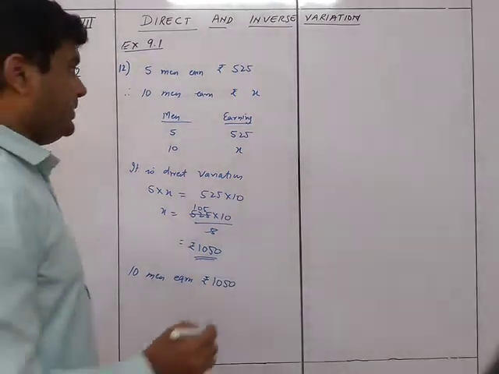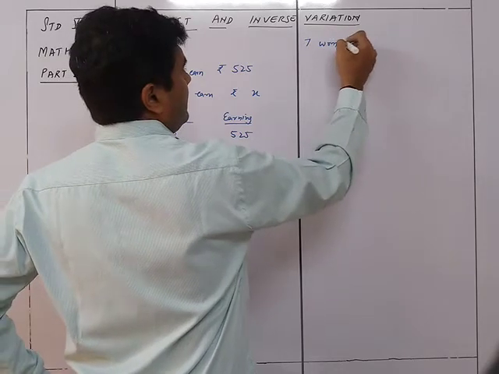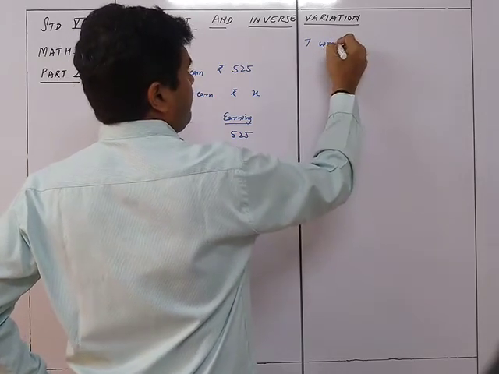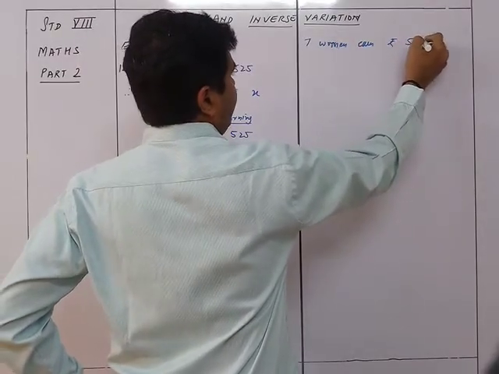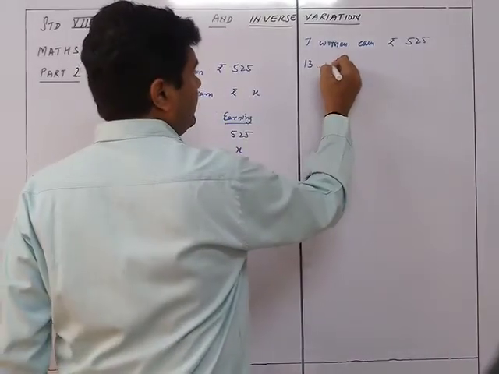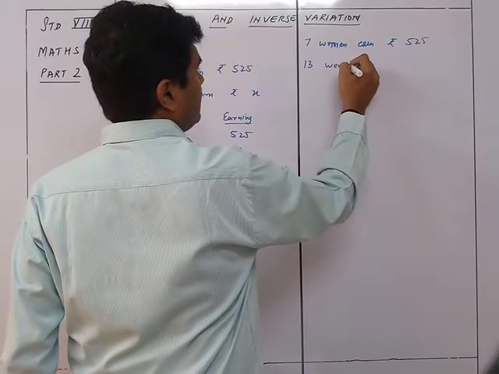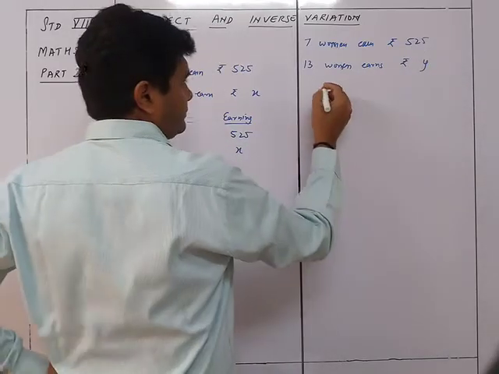Now let's talk about the women. So 7 women earn rupees 525. So 13, okay, there are 13 women. Yes, 13 women earn rupees y.